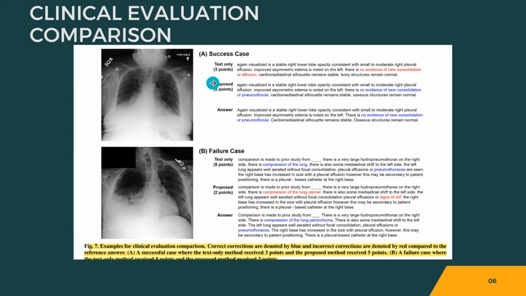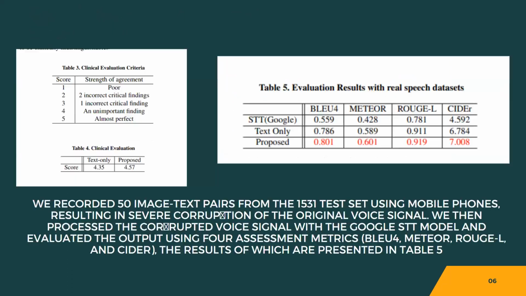So that's why 3 points. While proposed gave the exact speech to text translation. Next, we come on to the failure. Over here, text only gave the exact translation and proposed didn't because, as you can see, it was "signs of CHF", it was signs of cancer. So it just changed it. And that's it for this PPT.